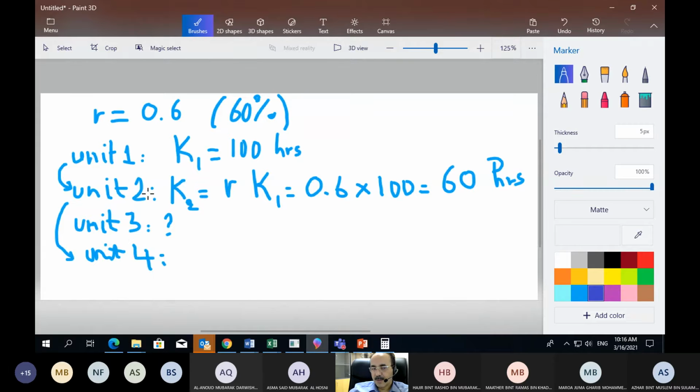Why is that? Because 2 times 2 is 4. It's doubled. Then in this case, the learning rate will be R times K2. So it's going to be 0.6 times 60, which is 36 hours.